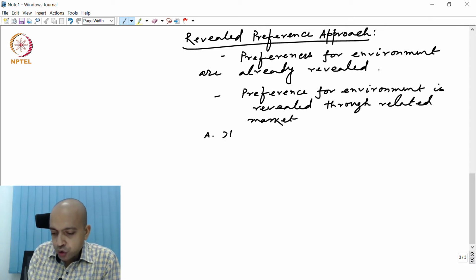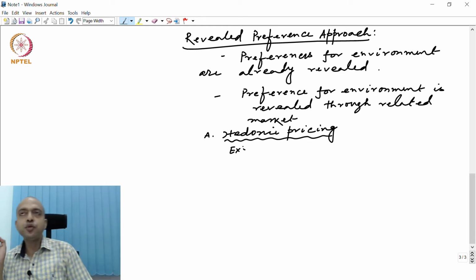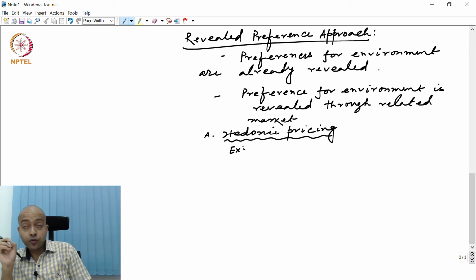The first approach for this revealed preference is hedonic pricing. I will give you an example to understand what is hedonic pricing and how is it possible for respondents to reveal their preference for environment through related market. We all know about the housing market, right?